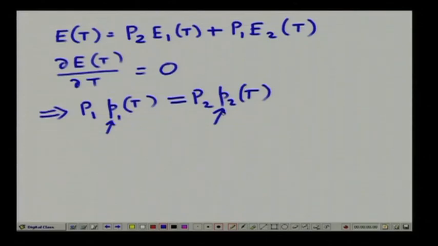So, as we know, in most cases we normally assume the Gaussian probability density function.